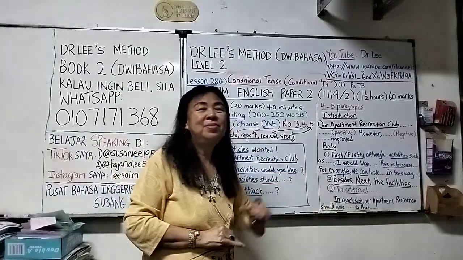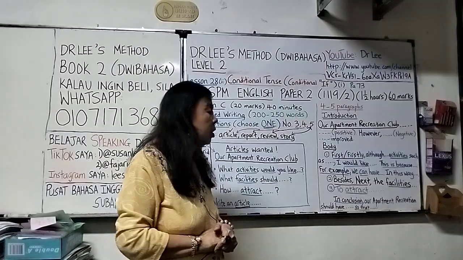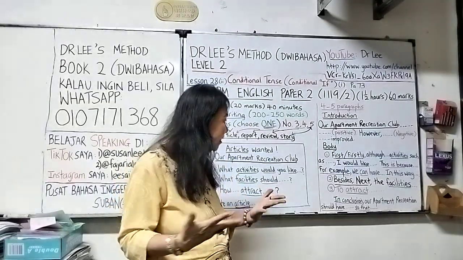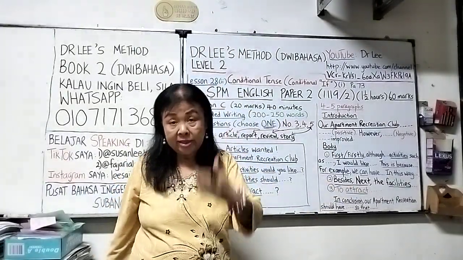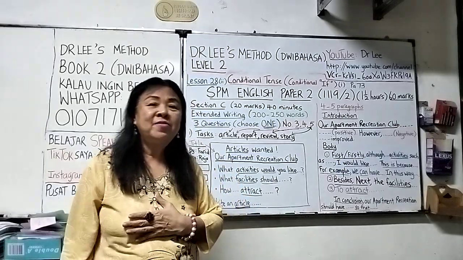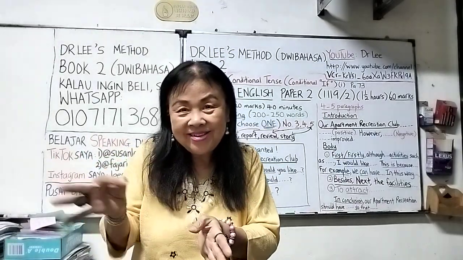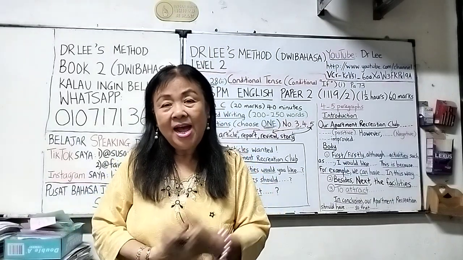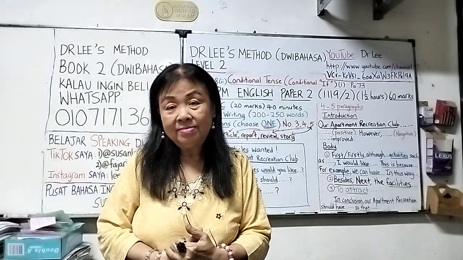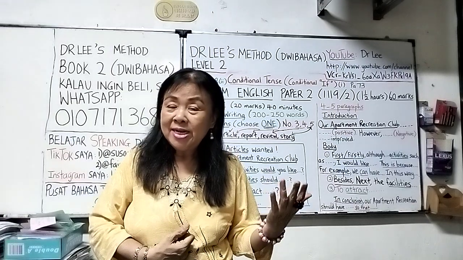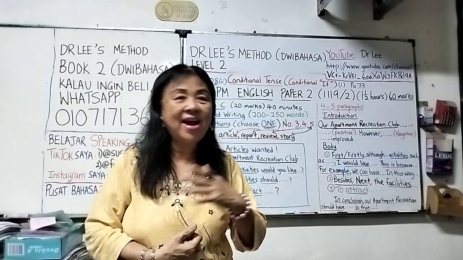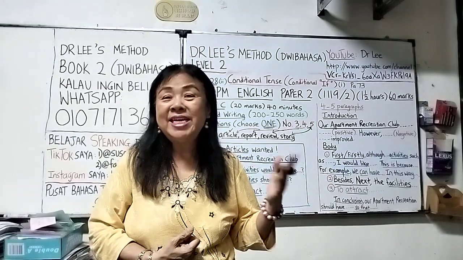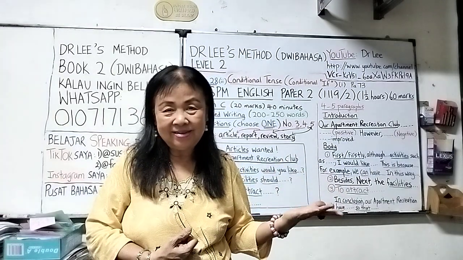Then you say example. For example, we can have, suggest. When you say can, you are suggesting. We can have sewing classes, knitting classes, arts and craft classes, Zumba, cha-cha classes, and a karaoke or a singing class or singing classes.